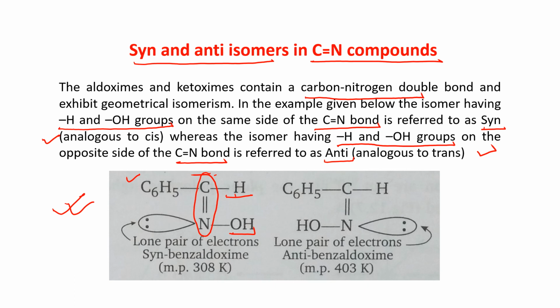But as H and OH groups are present on the same side of the carbon-nitrogen double bond, this compound is known as syn-benzaldoxime. And in the second form, where H and OH are present on the opposite sides of the carbon-nitrogen double bond, it is known as anti-benzaldoxime.